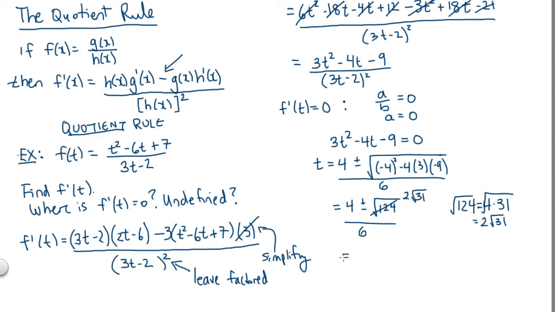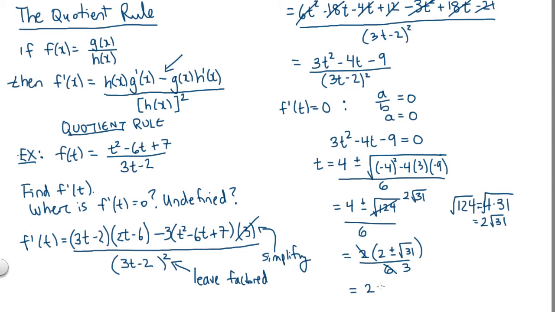So we can simplify this a little bit by pulling a factor of 2 out of our numerator. We've really got 2 plus or minus root 31 left over after we factor out that factor of 2, and we've got a 6 in the denominator. So we can now cancel a factor of 2 from the top and the bottom, and this gives us our 2 t values that answer the first part of the question.